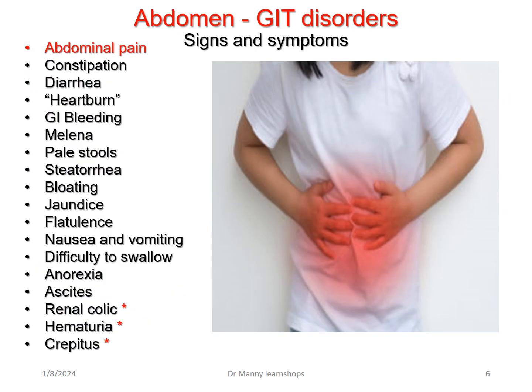Some of the signs and symptoms or clinical manifestations related to gastrointestinal disorders could include abdominal pain, constipation, diarrhea, heartburn, which is indigestion, gastrointestinal bleeding, melena, pale stools, steatorrhea, bloating, jaundice, flatulence, nausea and vomiting, dysphagia, difficulty swallowing, anorexia, ascites, renal colic, hematuria, and crepitus.